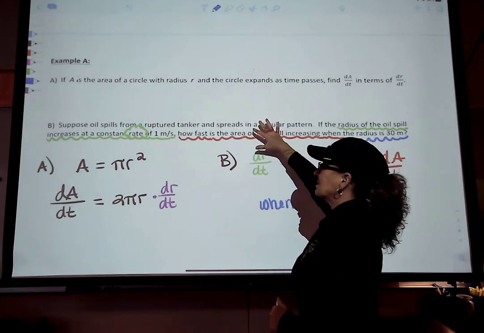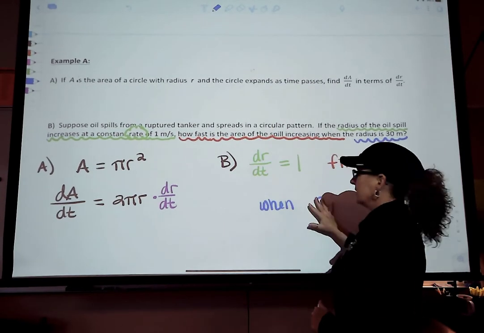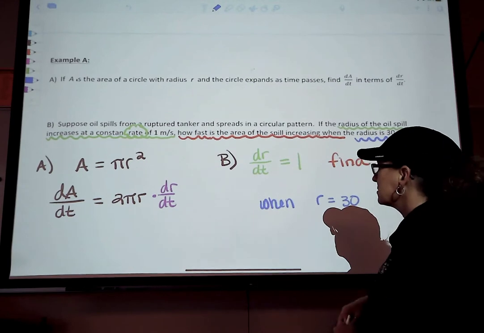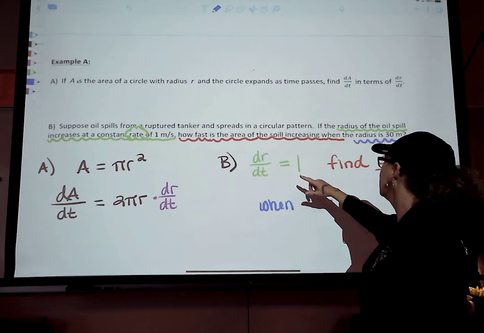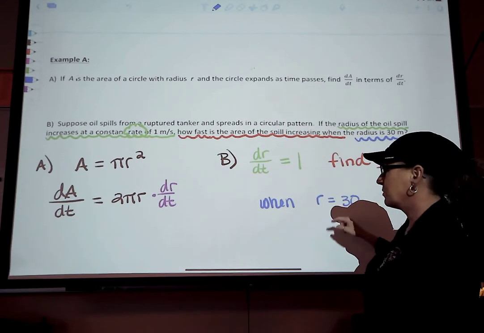I took pretty much this whole paragraph and put it into mathy terms. The rate of change of the radius is a constant, it's 1. Find how the area is changing when the radius is 30.